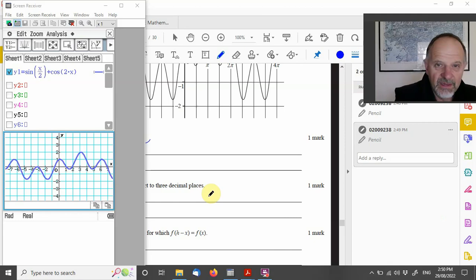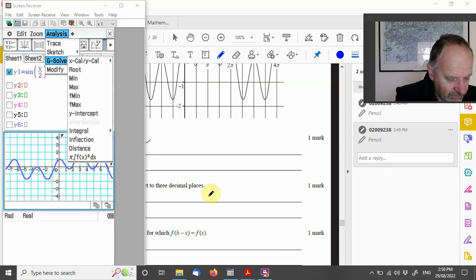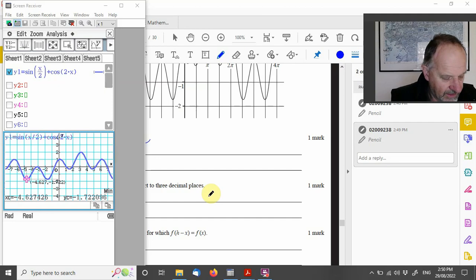And we want to know the minimum value. So we go analysis, G-solve, minimum. And it's going to give us the minimum value. And there we go, there's the minimum value. It's marked, one of them.